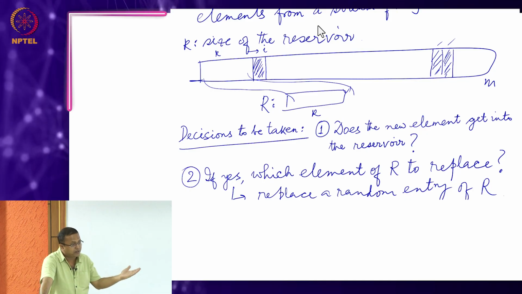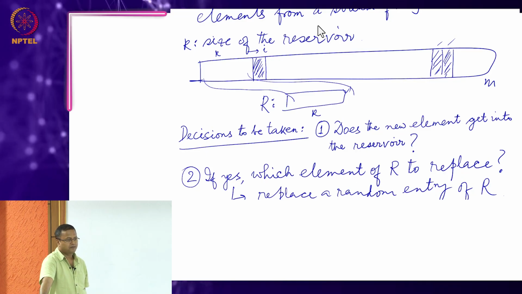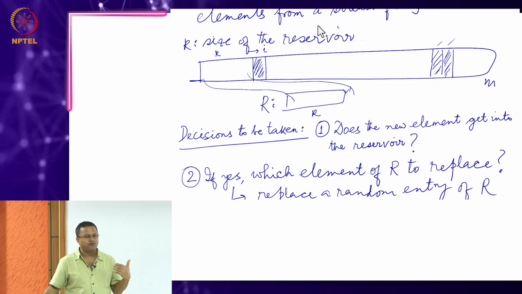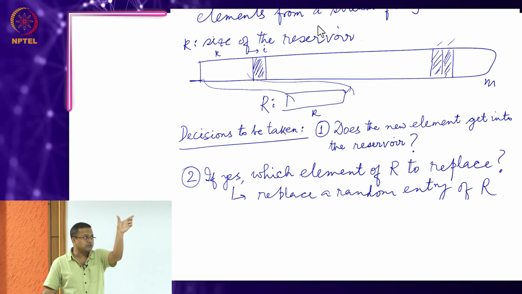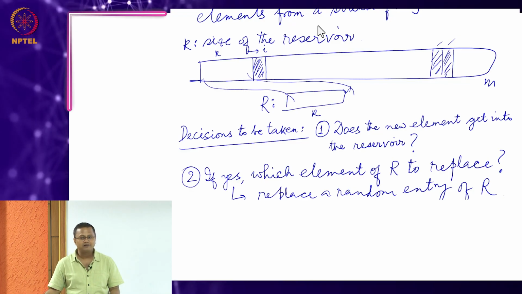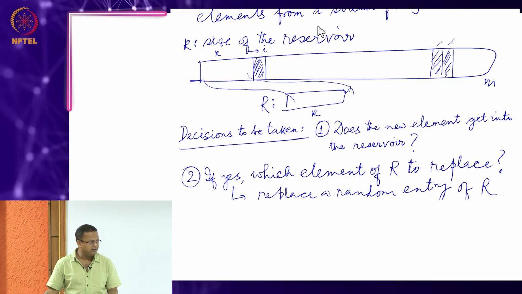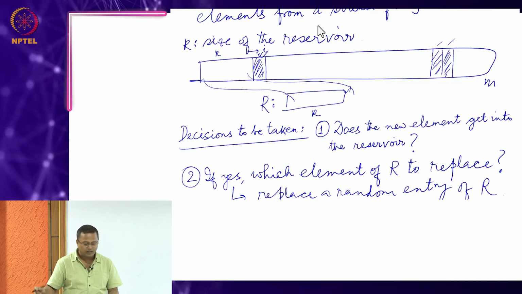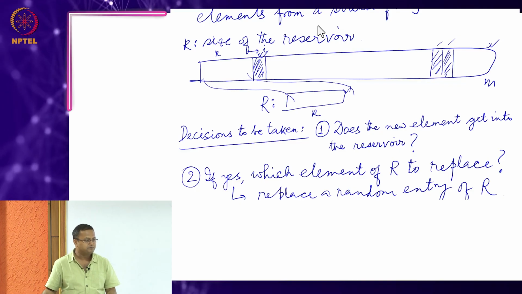Because really I do not know where the stream is going to end, I do not know m. So, what I would do is I would try to make the probability proportional to the reservoir size by the length of the stream seen so far. So that an element in here comes with a probability of k by i and an element there comes with a probability of k by m.